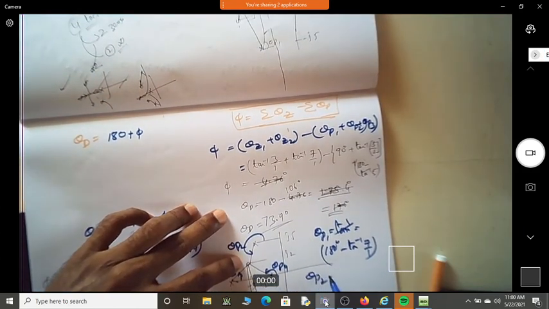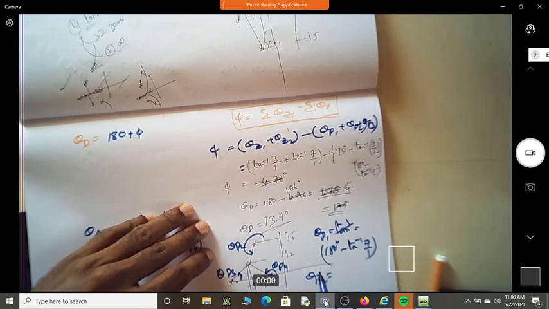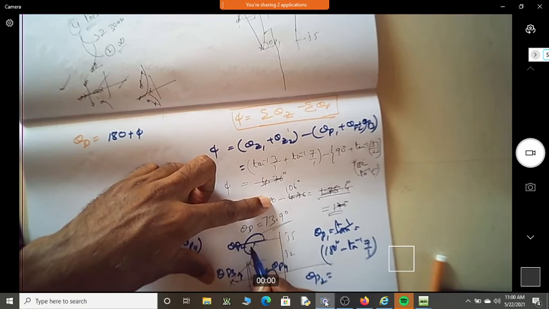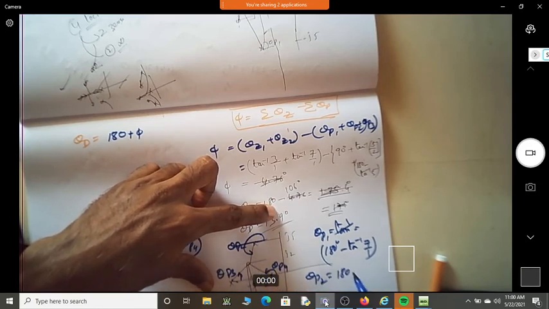What is theta p2? How much is this here? Shall I write it as 180?